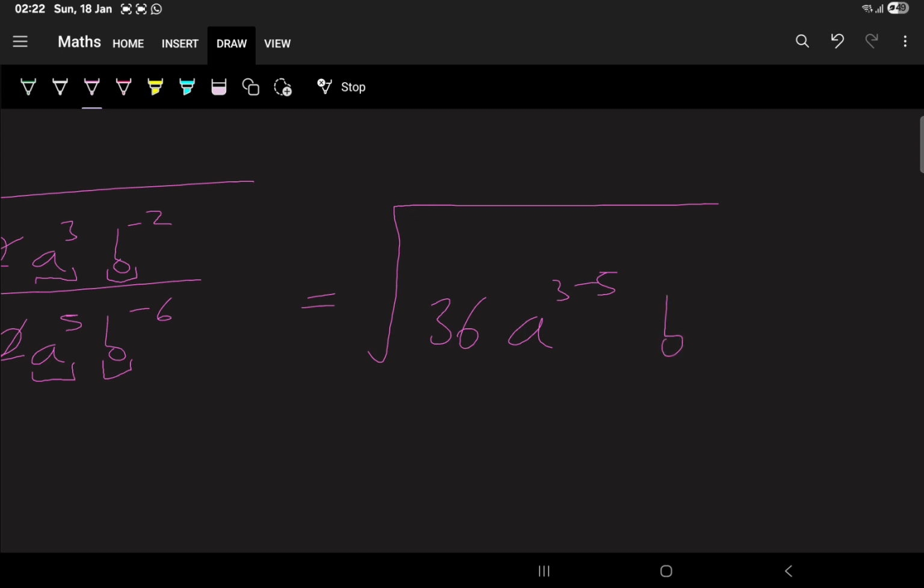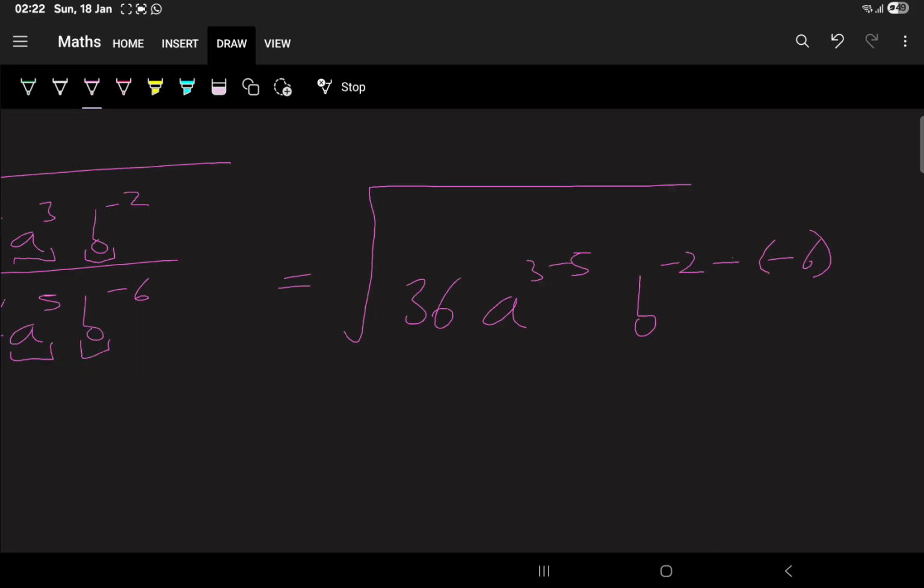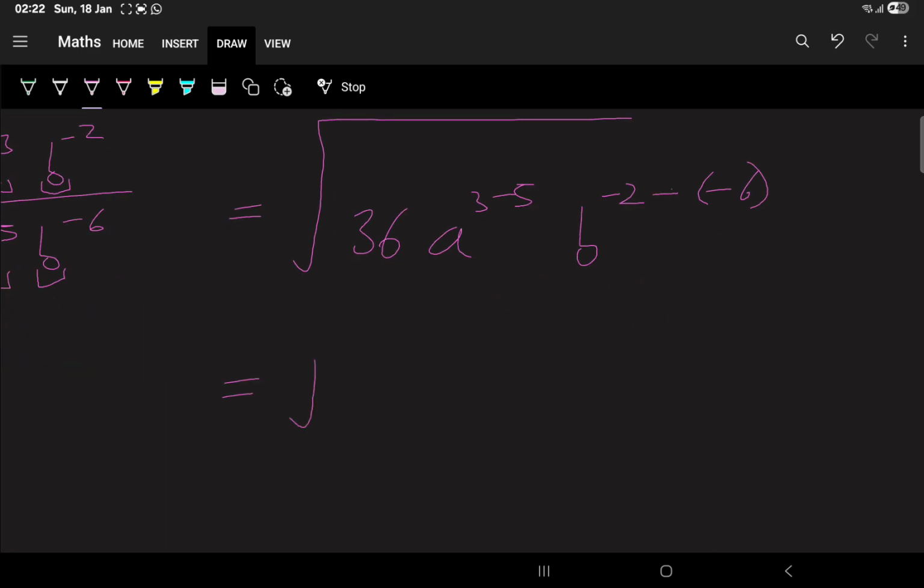So it's going to be b raised to the power of negative 2 minus negative 6. Now simplifying this, we have square root of 36 a raised to the power of negative 2 b. This is going to be negative 2 plus 6, and this is going to be 4.